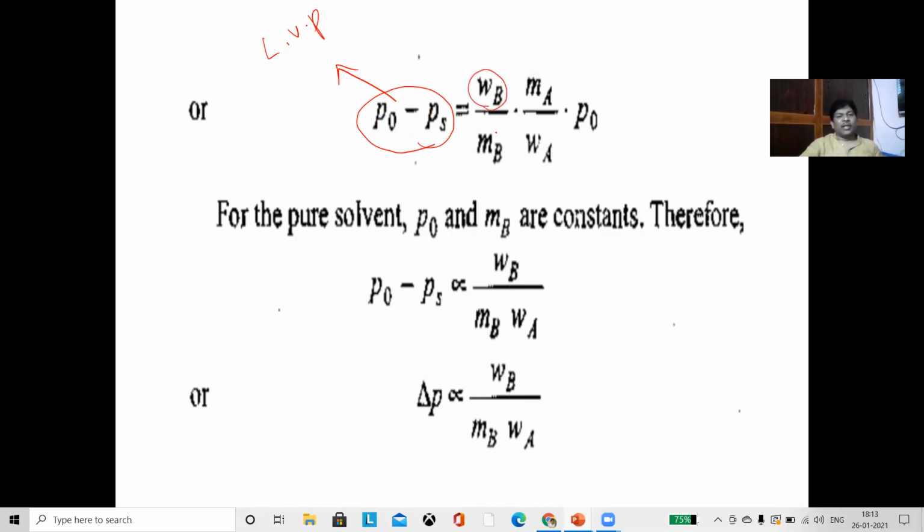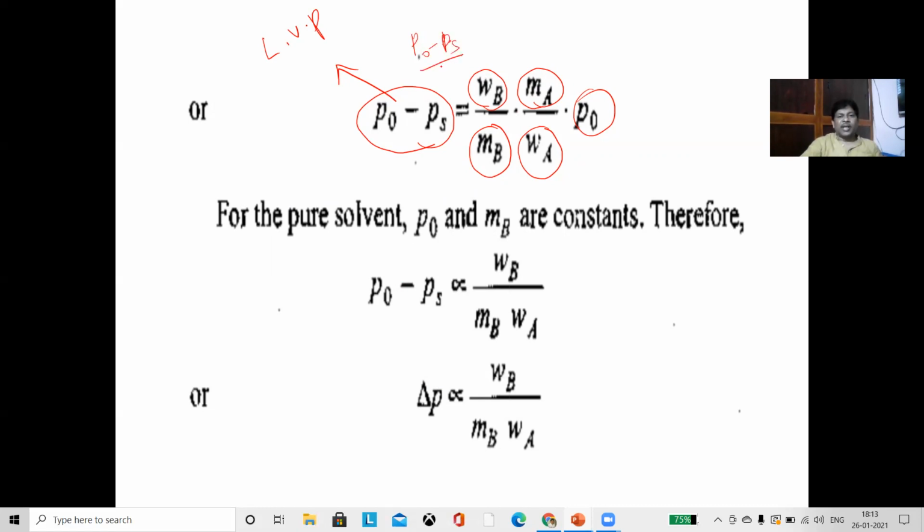It is equal to WB, the weight of solute, by gram molecular weight of solute, into molecular weight of solvent by weight of solvent, into P0. Generally, we know the relative lowering of vapor pressure, RLVP.